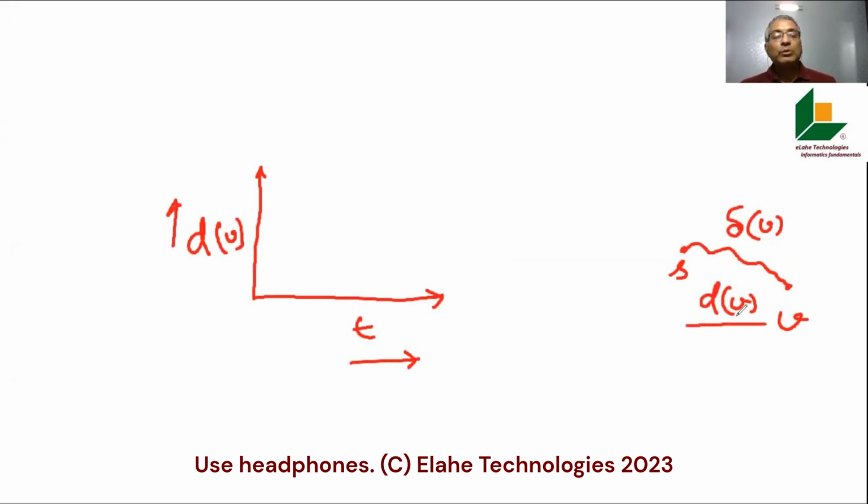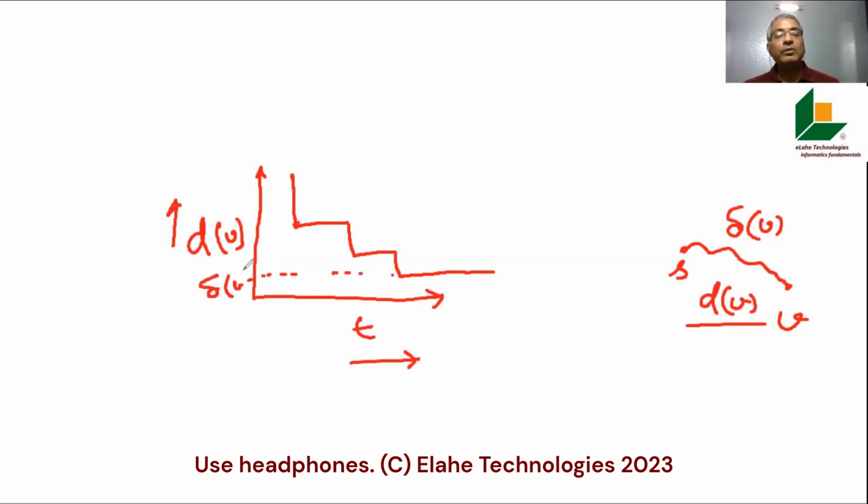To start with, dV values other than for V equal to S are set to infinity. And as we discover shorter paths from S to V, we keep refining the dV value. We have found another shorter path, so the dV value drops again, and so on. And then finally, the dV value drops to some number and does not change anymore. And that's when you have actually found the shortest path. So this is the delta V value.